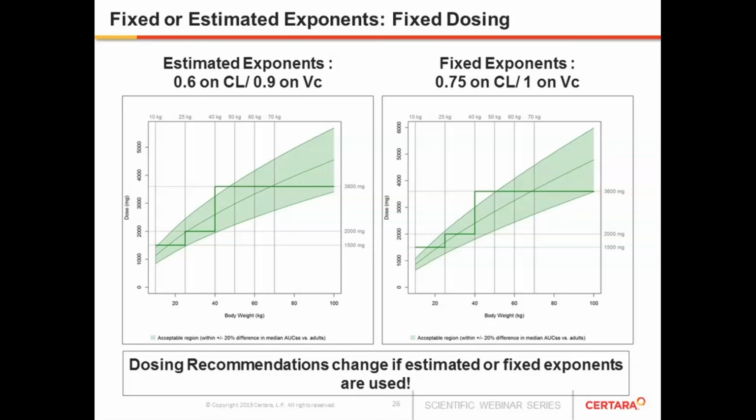In this case, an evaluation should be made to make sure that the proposed dose does not result in a high percentage of patients having exposure higher than those estimated in adults, and to select a dose that could work in both cases. And now I'll hand it back to Justin to talk about ontogeny and maturation.